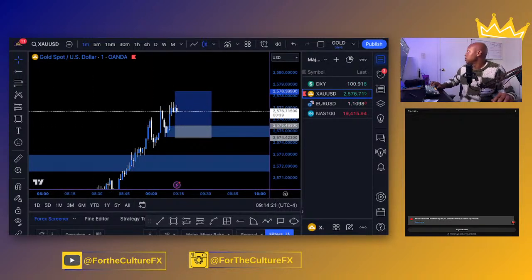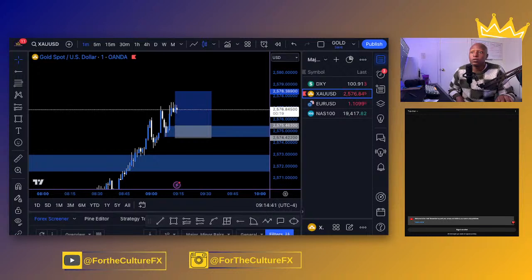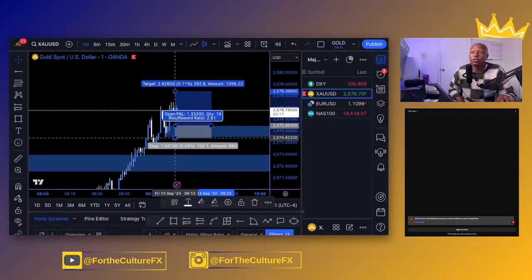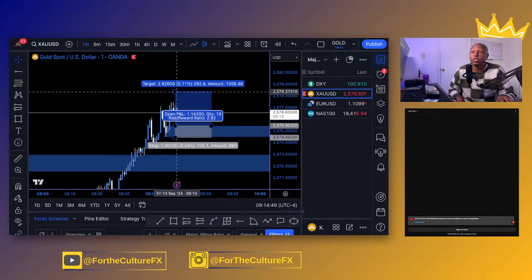Let me set it up. Protection orders, stop loss is going to be at 25.74. So if we get here, price at 25.74, 0.2 is going to be my stop loss, and then my target is just going to be this high up here.